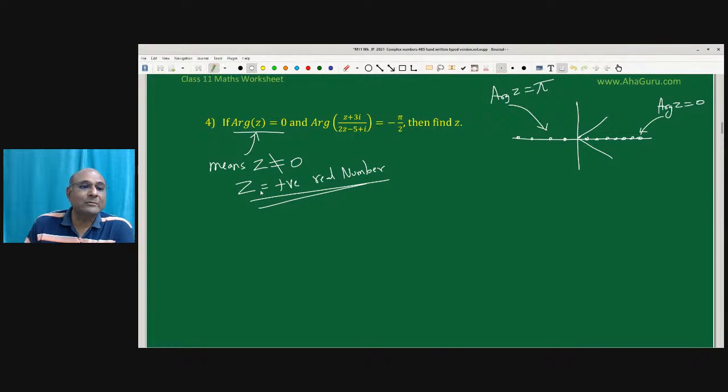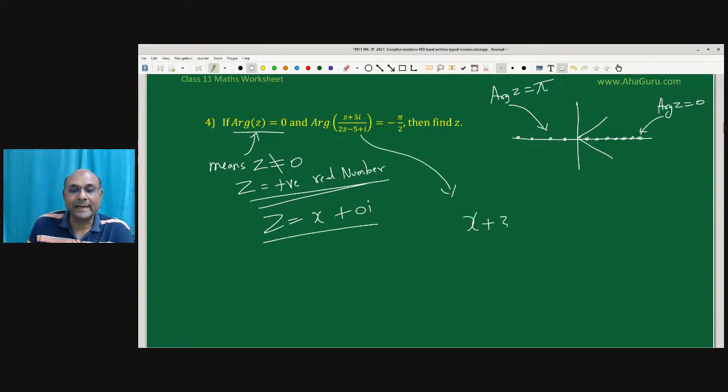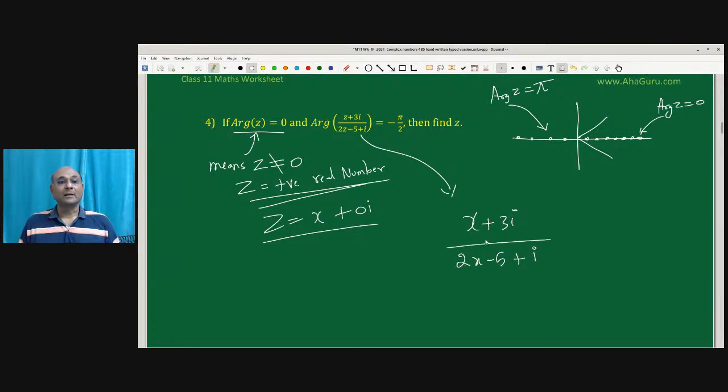So suppose I tell you now Z is a real number. That means I can just think of Z as X, so Z is only X plus 0i. If I look at this, (X plus 3i) by (2x minus 5 plus i), the argument is minus i pi by 2.